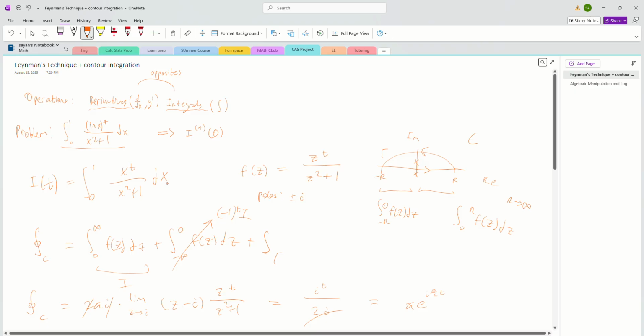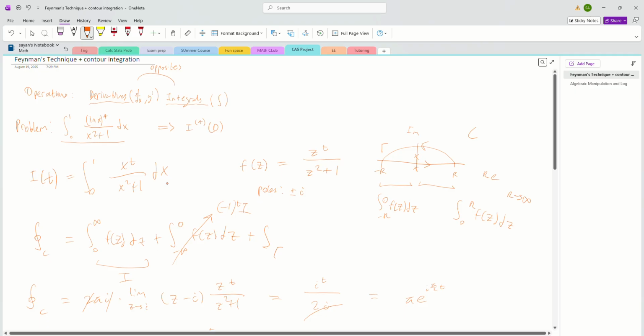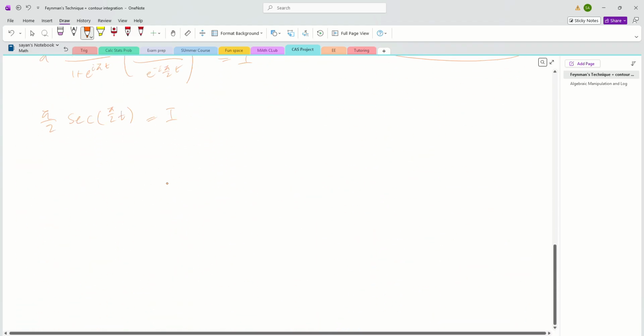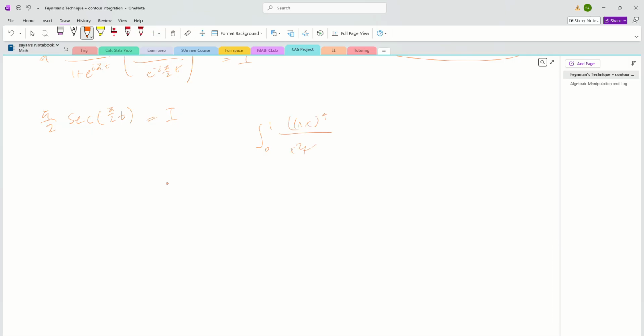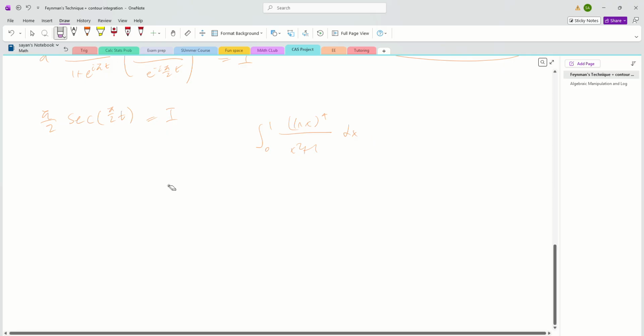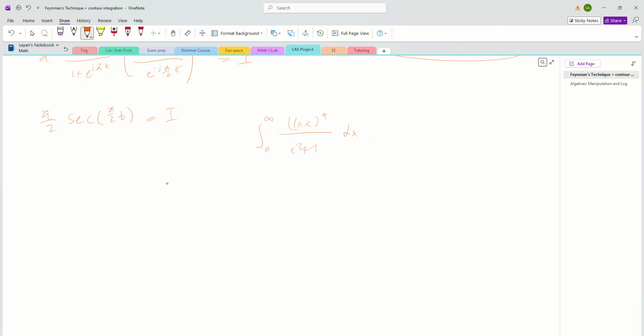So what we're going to do first is explain how I'm going to turn this into the integral from 0 to infinity, right? So let's go back. We have this. Okay, but we're dealing with this one right now.